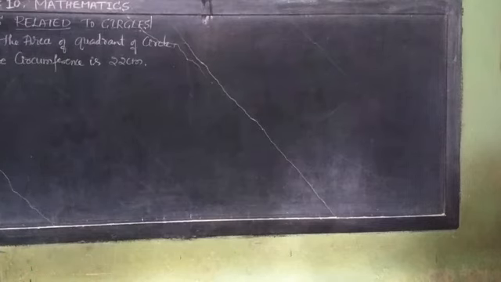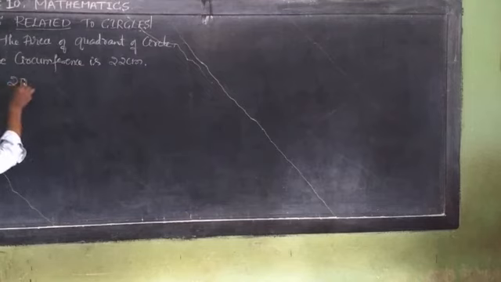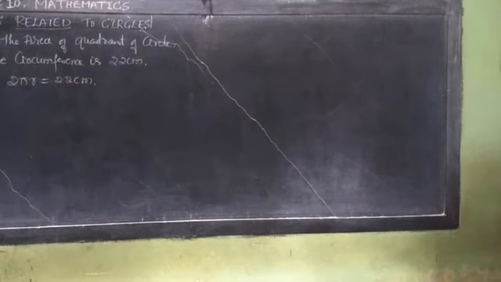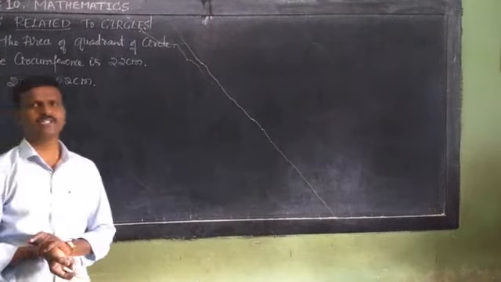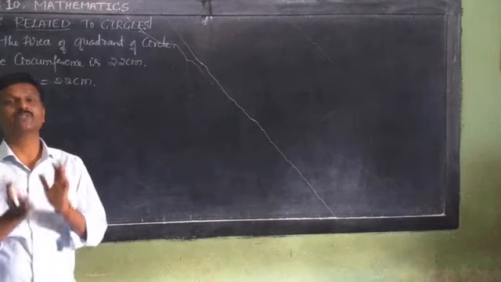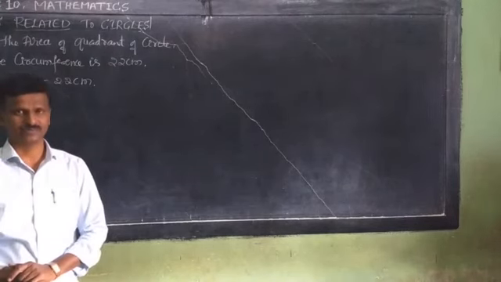Here the circumference is given. Circumference means 2 pi r. 2 pi r is equal to 22 centimeter. We should find the area of the quadrant of a circle. What is meant by quadrant of a circle? Quadrant means 1/4 of a circle.